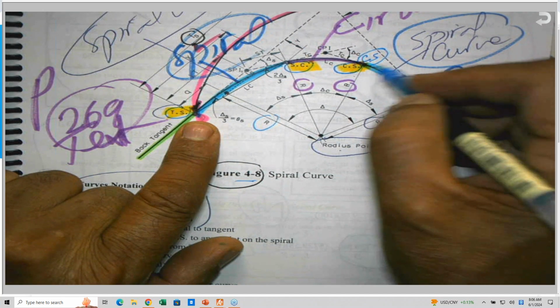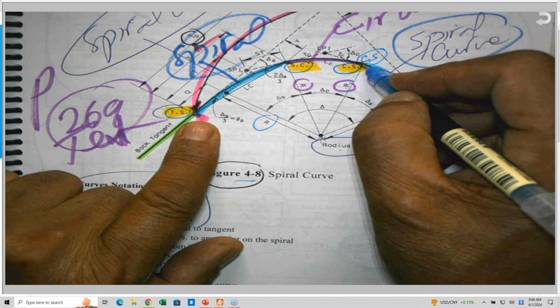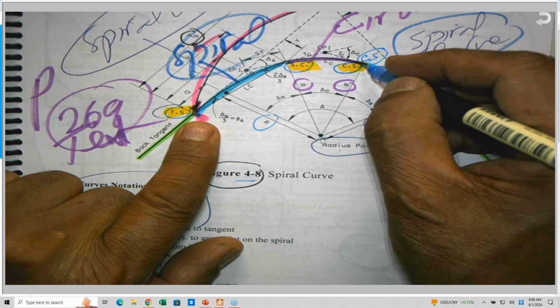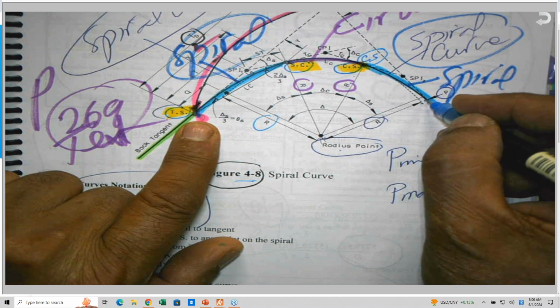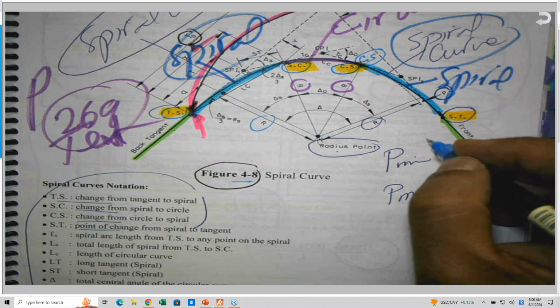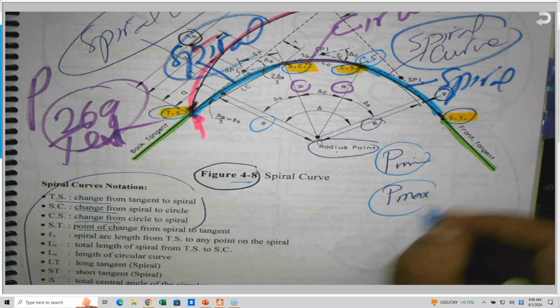The same story on the other side: the radius is that of the circular curve, and after that it increases from R all the way to infinity. This is how they came up with the distance P minimum and P maximum.